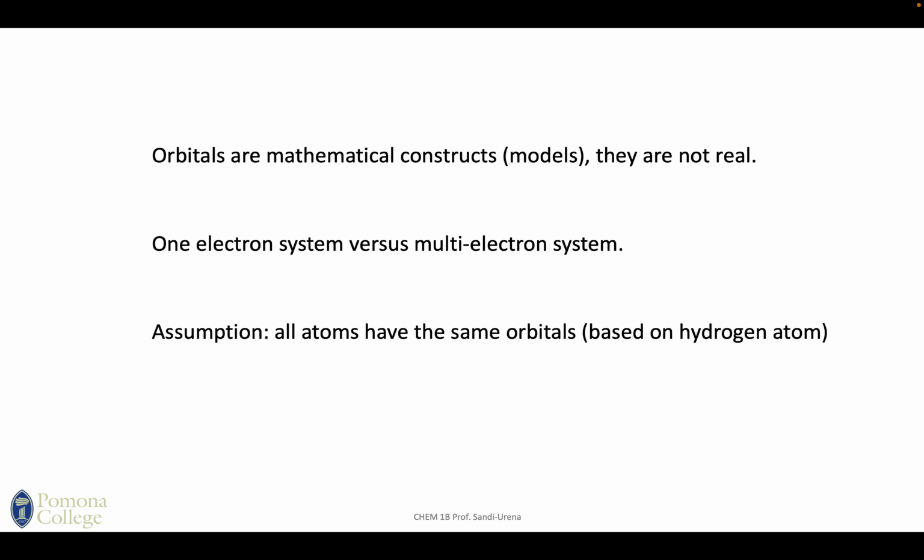So remember, orbitals are mathematical constructs. They are not real. We are using the hydrogen model that will only have 1 electron to simplify our understanding, and we will only briefly mention the multi-electron system. For our discussion, we are going to assume that all of the atoms we discuss have essentially the same orbitals as hydrogen.